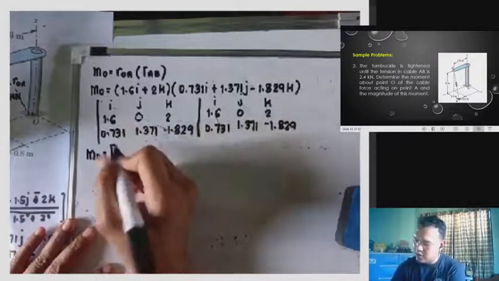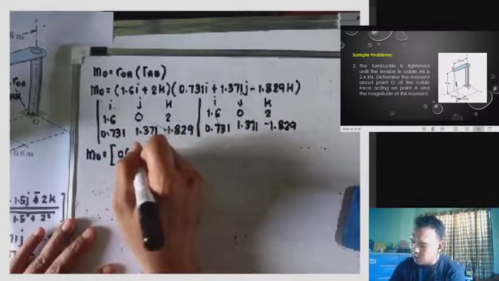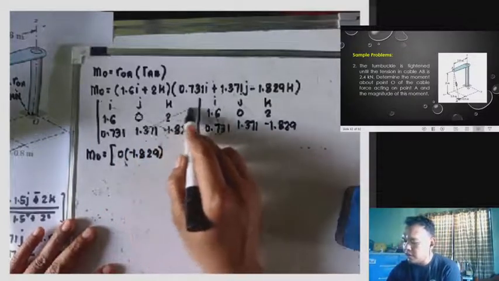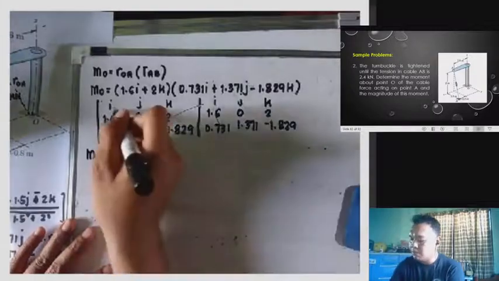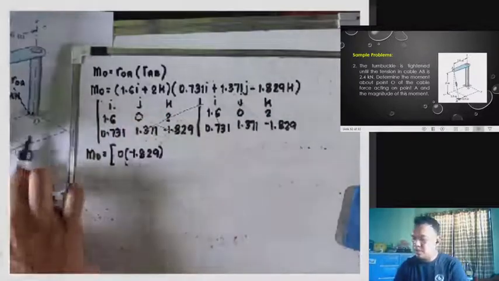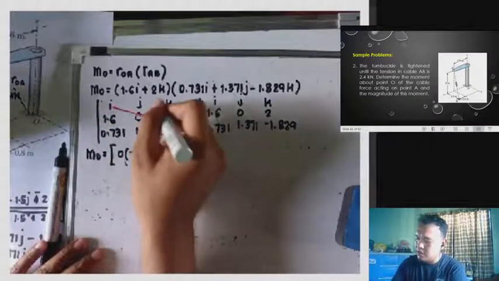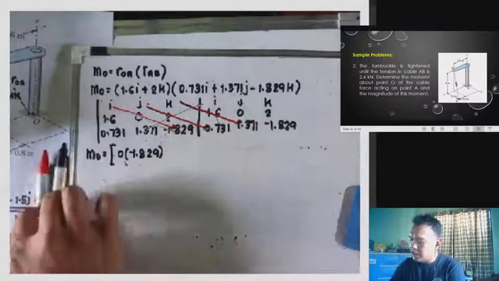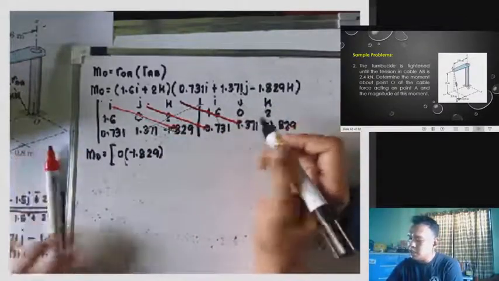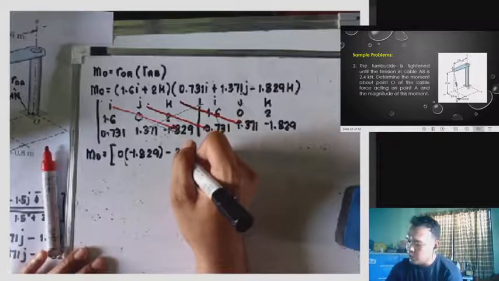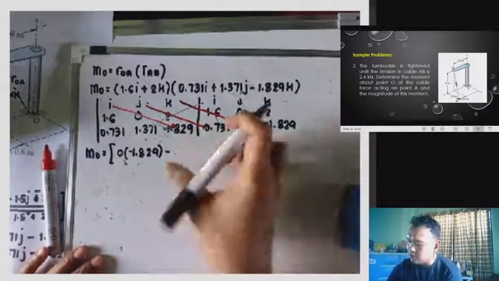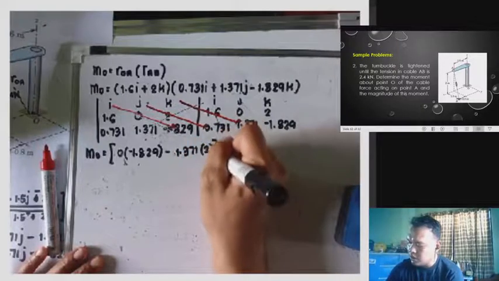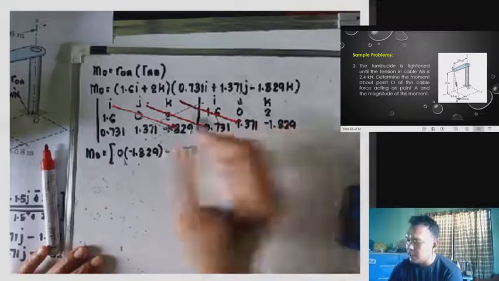Ngayon, pag samahin mo ito, we have here MO is equivalent kay 0 multiplied by negative 1.829. Tapos, another I ito. Habang lahat ng pagganon is positive, pag ganyan ay positive, ito ay negative. Pag ganyan. So, we have here negative 2 times 1.371, so, I po yan. Plus, another, ito.